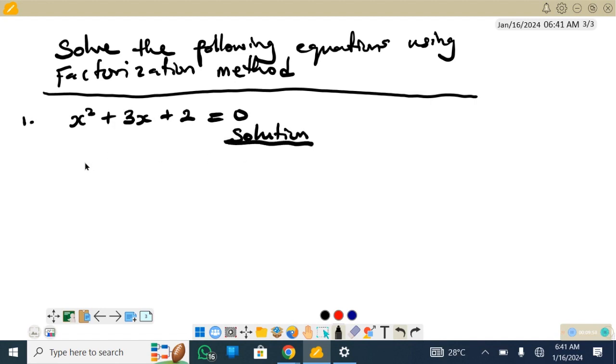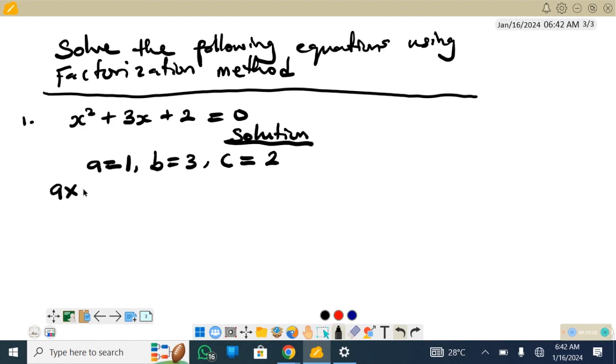Now, the first thing I will do here is to identify my coefficients. A is 1 here. Why is A 1? Because the coefficient of s squared is equal to 1, and B is 3. The coefficient of s is 3, and C is 2. So with that, we can now go to our step 1. Step 1 says that you have to find the product of AC.